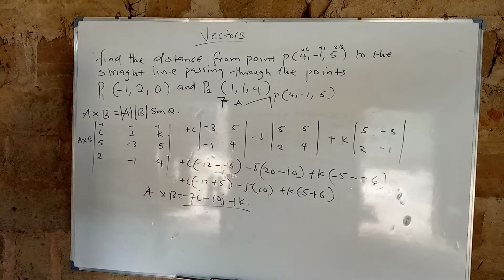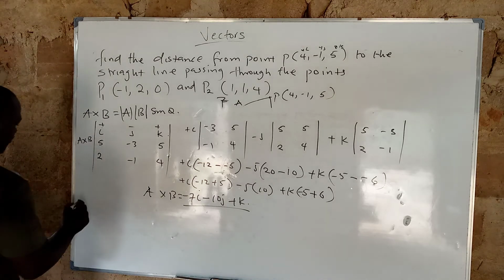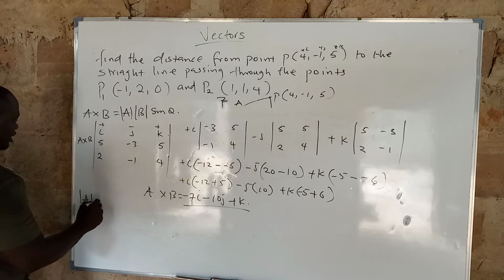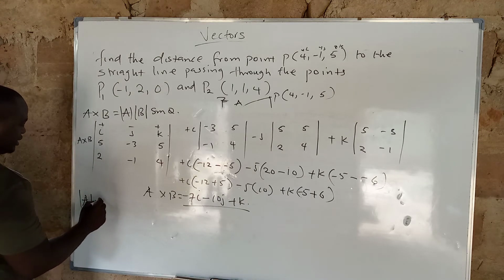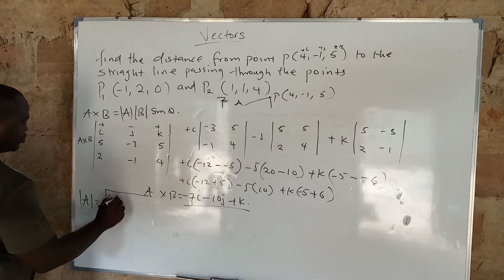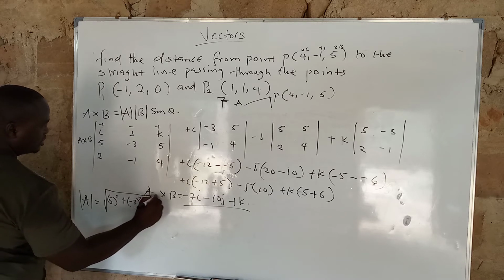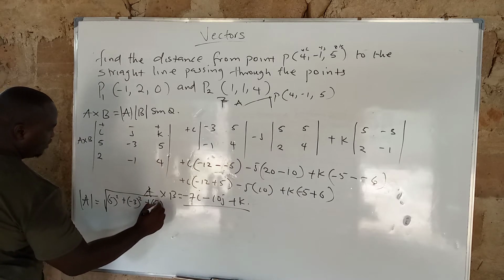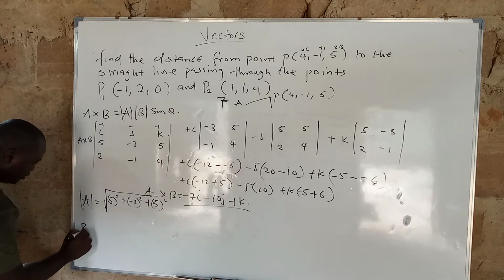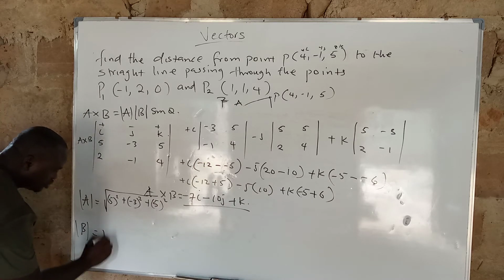Then I need to find the magnitude of A and the magnitude of B. Remember, for you to get the magnitude of A, we have been doing it for almost all the equations. Use just square root, and this is 5 square plus minus 3 square plus 5 square. And then your B magnitude is to put everything in square.